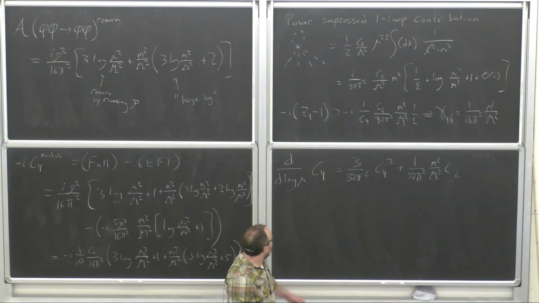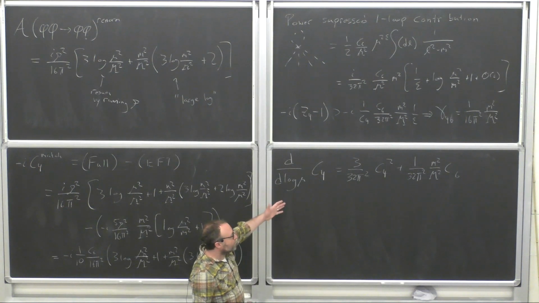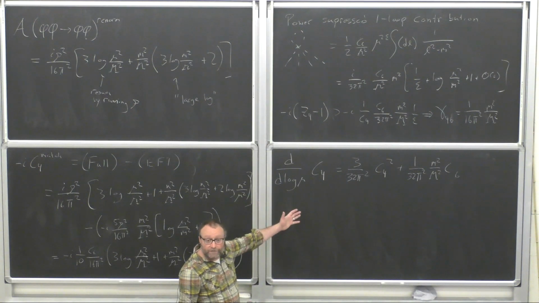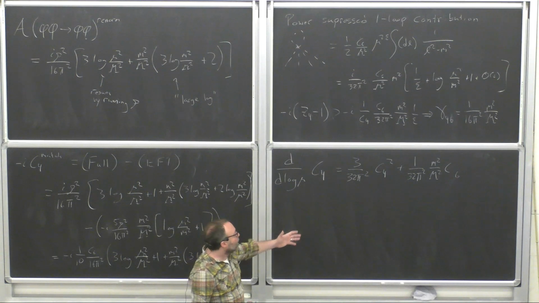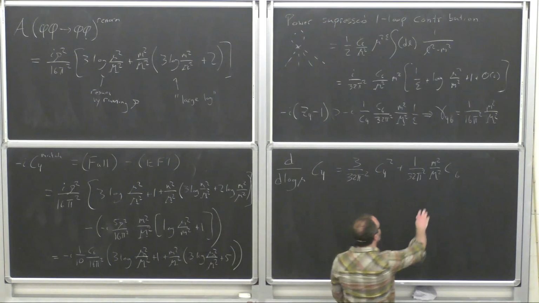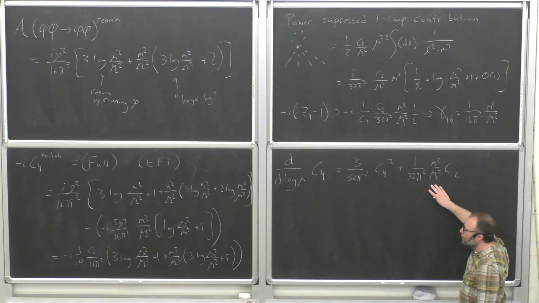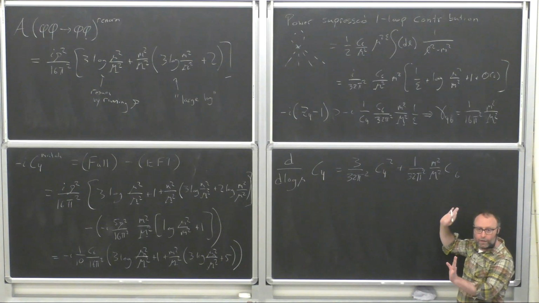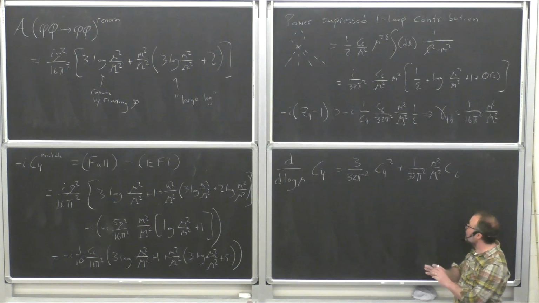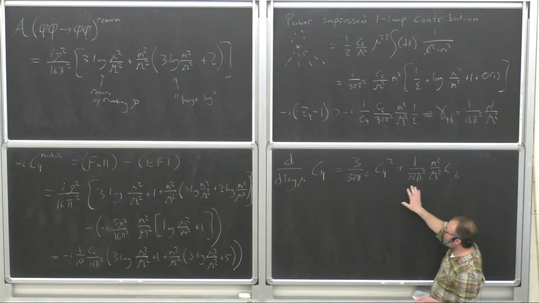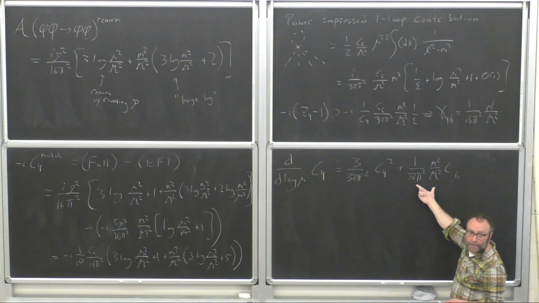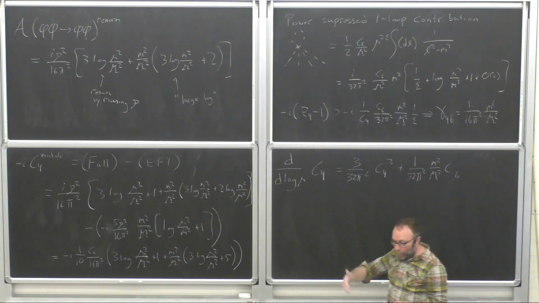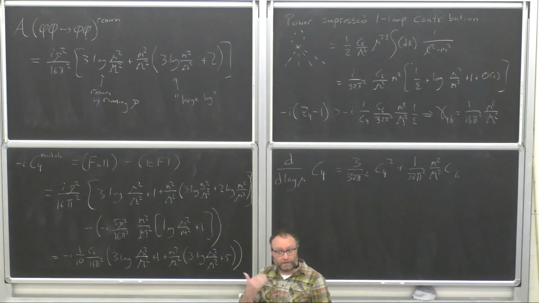So I want to solve this differential equation respecting the rules of EFT. In particular, because I have this power suppressed contribution, instead of just solving this thing and not thinking about the fact that I'm doing an expansion, I want to solve it iteratively in terms of power counting, so that I'm always self-consistent about the EFT expansion.